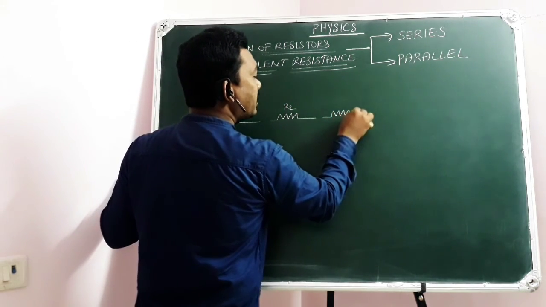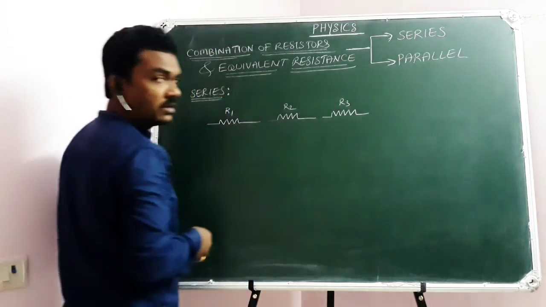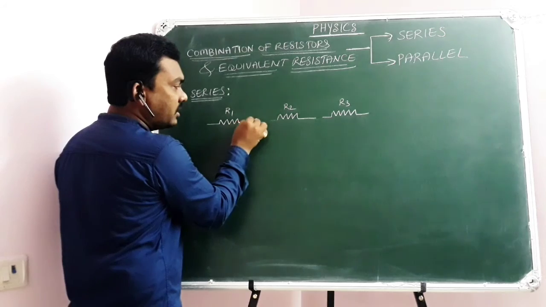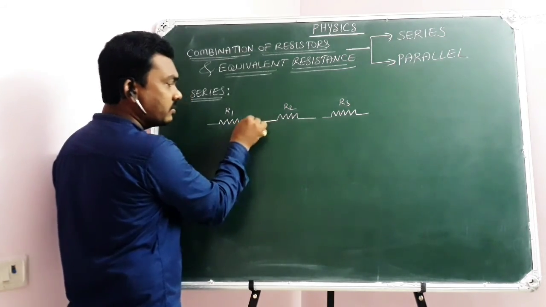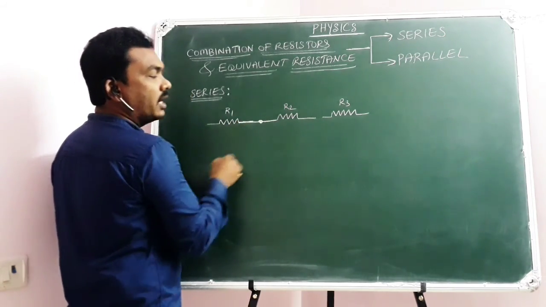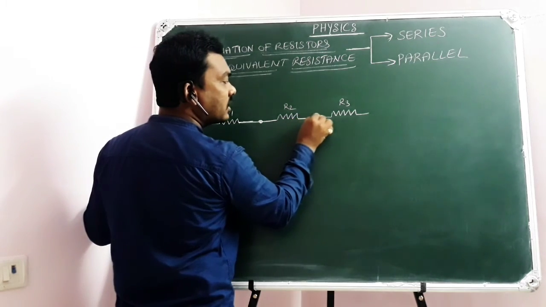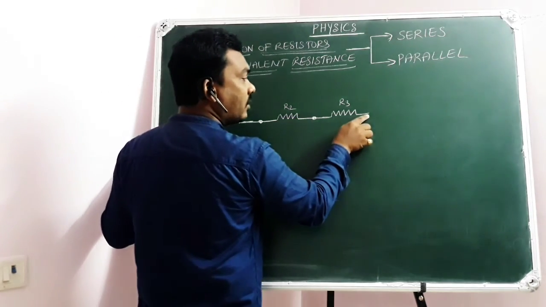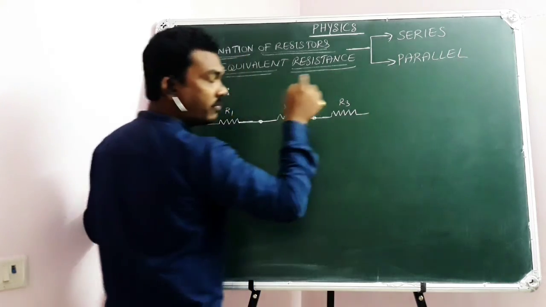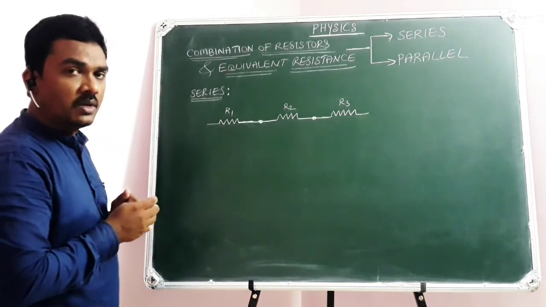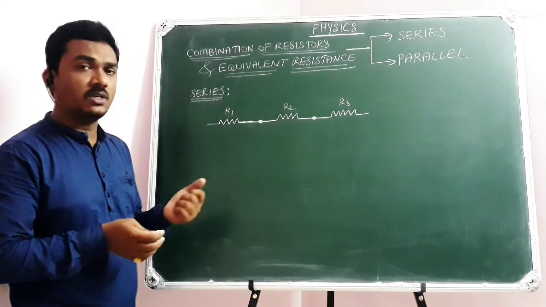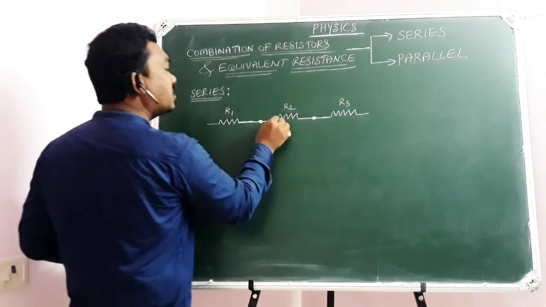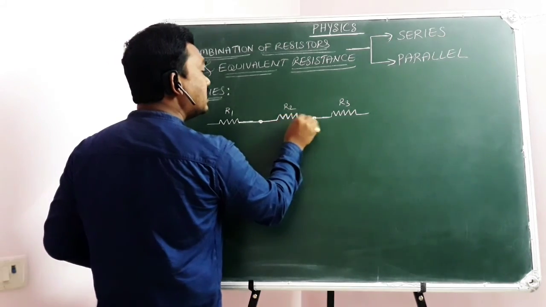The second terminal of the first resistor is given to the first terminal of the second resistor, the second terminal of the second resistor is given to the first terminal of the third resistor, the second terminal of the third resistor to the first terminal of the fourth resistor, and so on. Simply in our language, these resistors are connected end to end, and this combination of resistors is a series combination.